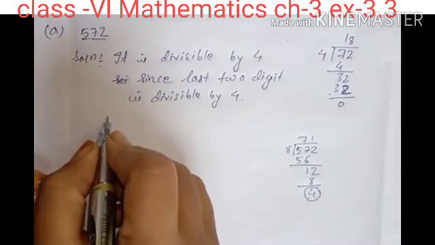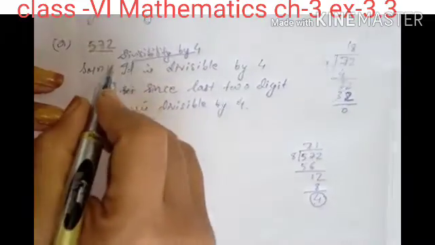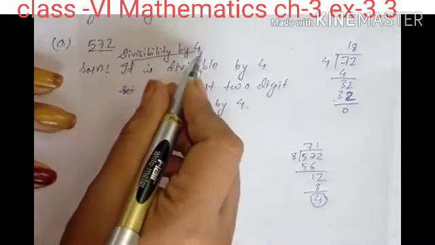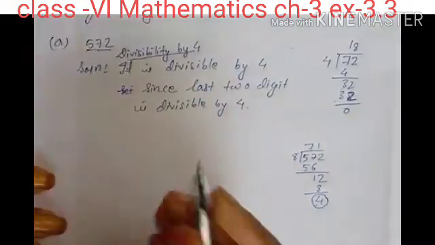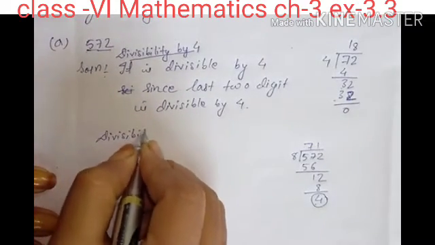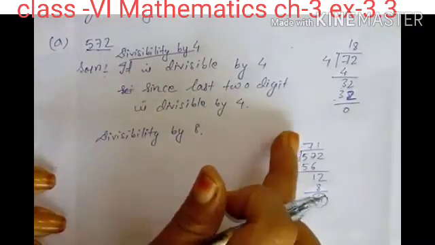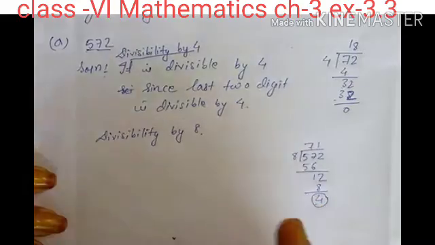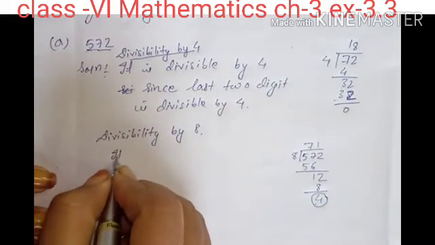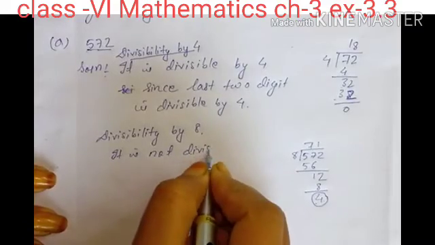So you will write. Please write down here: divisibility by 4, isn't it? So it is divisible by 4. Now divisibility by 8. Now we have divided this by 8 and the remainder is not 0. So what you will do? It is not divisible.